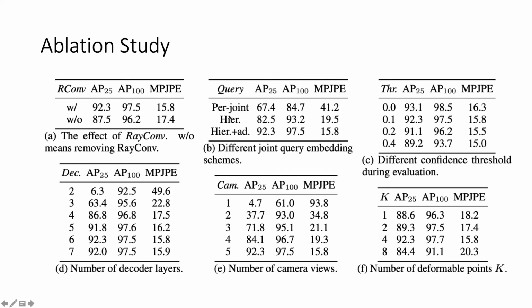And for the different query embedding scheme, the hierarchical scheme significantly improves over the naive per joint scheme, and further adding the dynamic adaptation can further improve the performance. We also perform other ablations on the inference threshold and the number of decoder layers and the number of camera views and the number of deformable points in the projective attention. For more details, please refer to our paper.